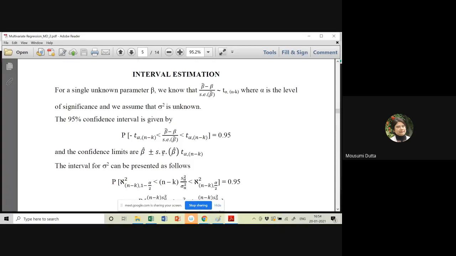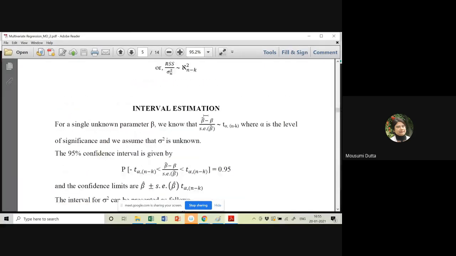In that case, simultaneously for the entire beta vector, you are finding the range. For the entire beta vector, the range is given by beta hat vector plus minus the standard error of beta hat, meaning the square root of the variance covariance matrix.